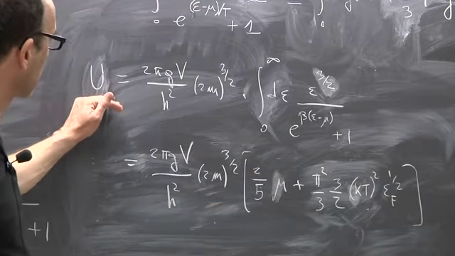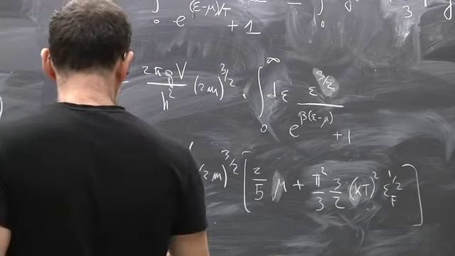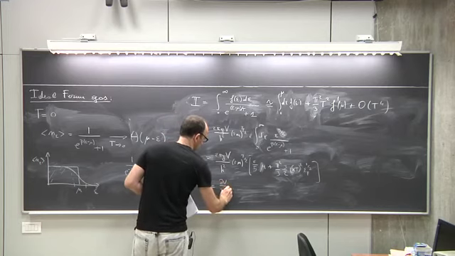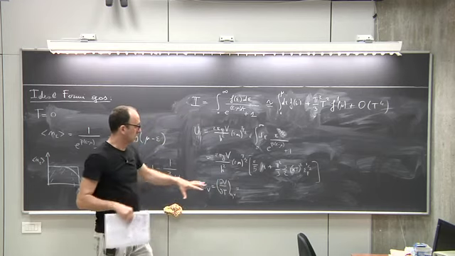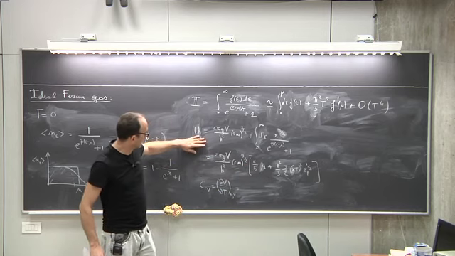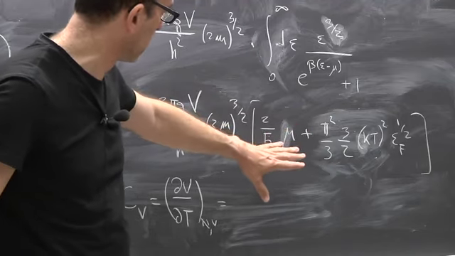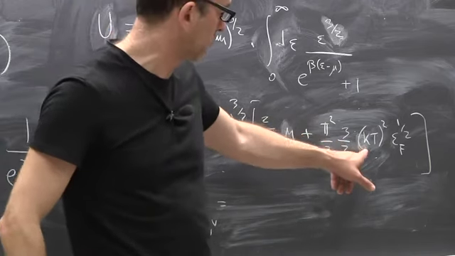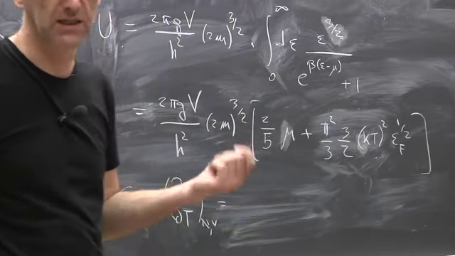This means that the specific heat at low temperature, which is du dt at constant n and v, will have a contribution which only comes from the correction terms, and since the corrections are proportional to kT squared, the specific heat will be linear in temperature.